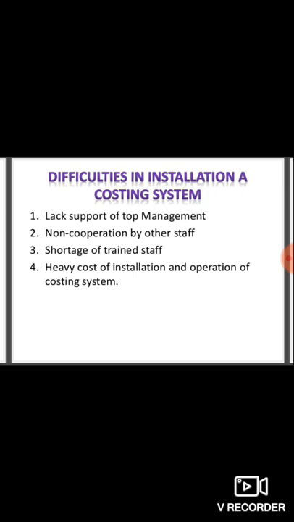If the costing system has heavy costs, then automatically top management will refuse to install it in the company. And this is about the difference between financial accounting and functions of cost accounting, and installation of costing system steps. And there are difficulties in installation of a costing system.